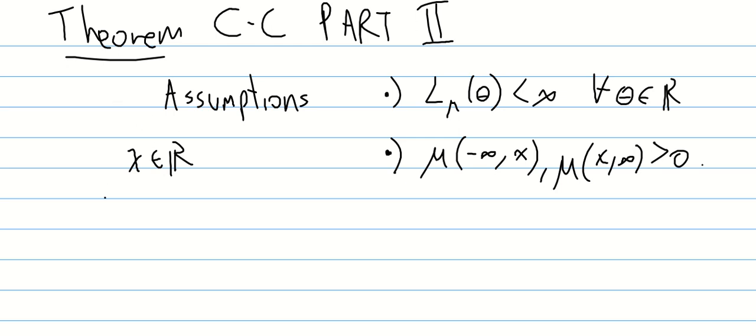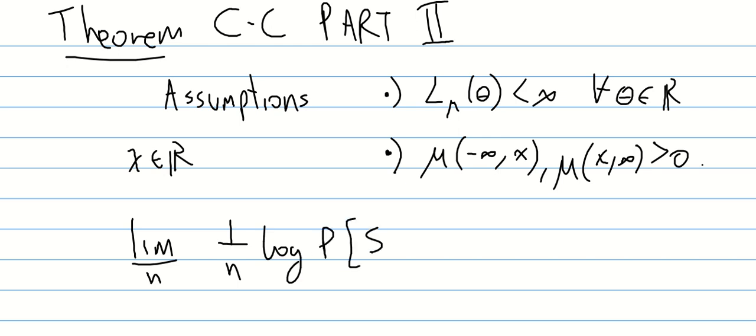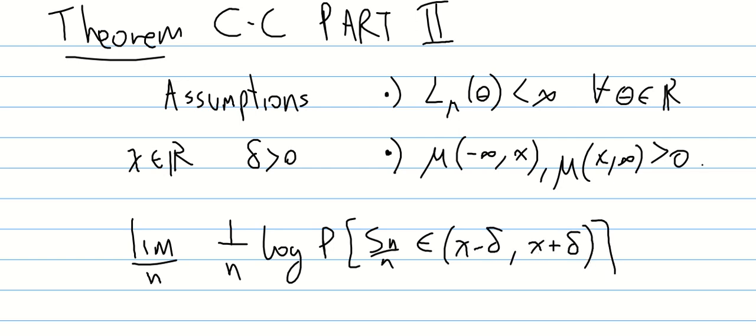Okay, so what does the theorem state? It states that the limit in n of 1 over n log of the probability that Sn over n is in (x minus delta, x plus delta) is equal to minus I mu of x.